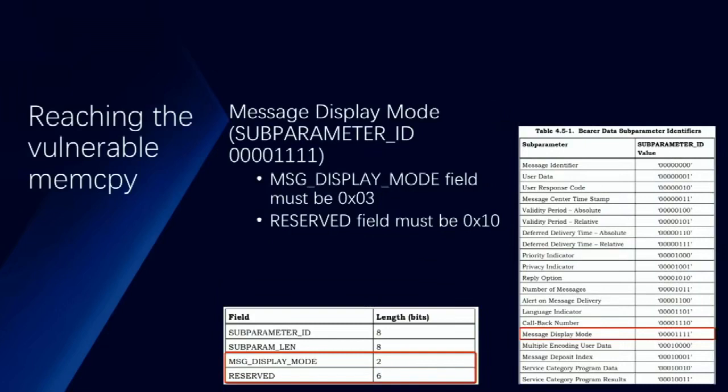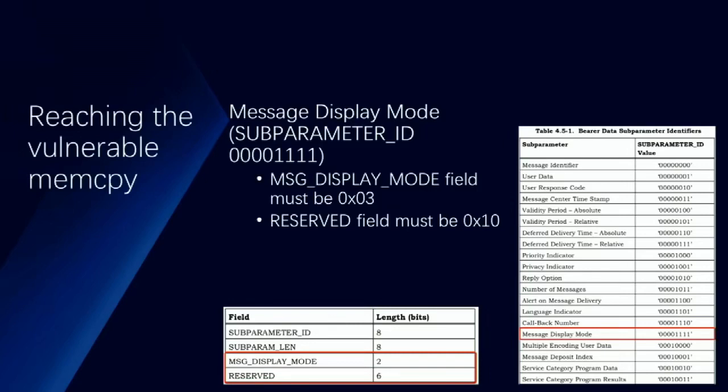To reach that vulnerable memory copy, we have to set the subparameters correctly inside the bearer data. The first one is the message display mode subparameter. The structure of the message display mode looks like this.